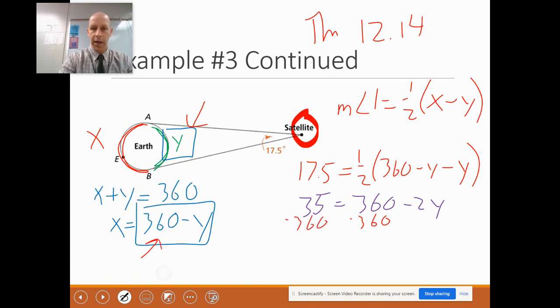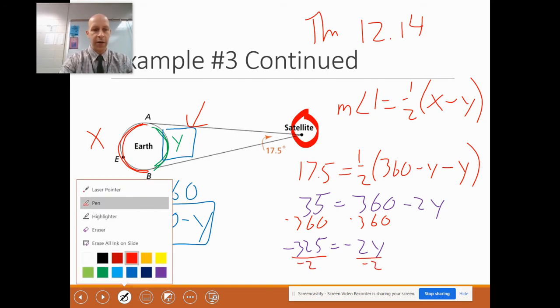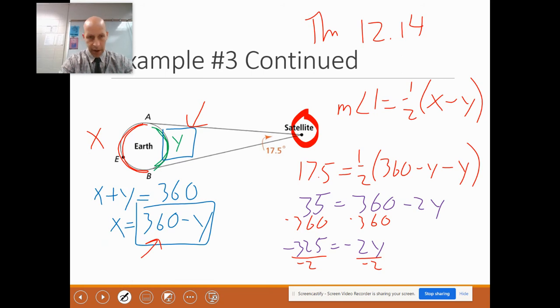And that gives me negative 325 equals negative 2y. And last but not least, I need to divide by negative 2. And that's going to give us our final answer here. I think I'm doing this in purple. So y will be equal to negative 325 divided by negative 2, which is 162.5 degrees.